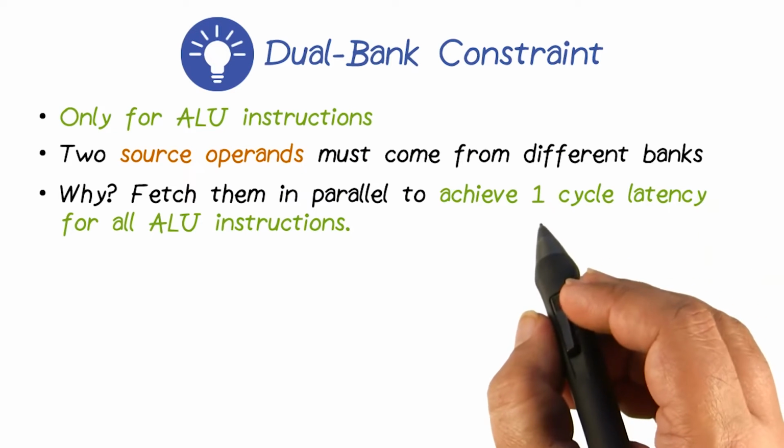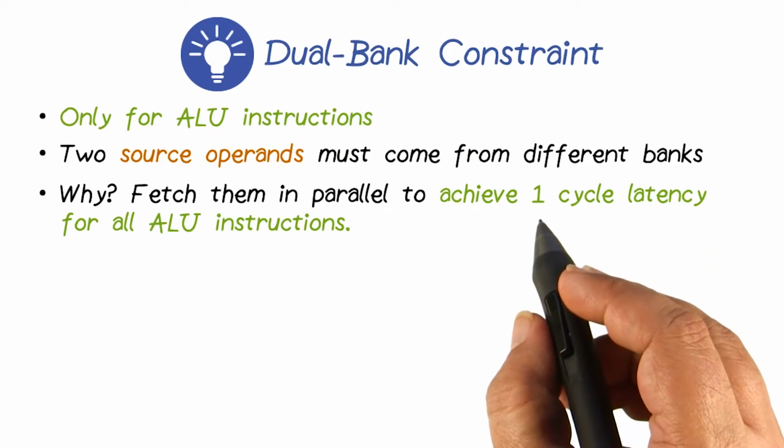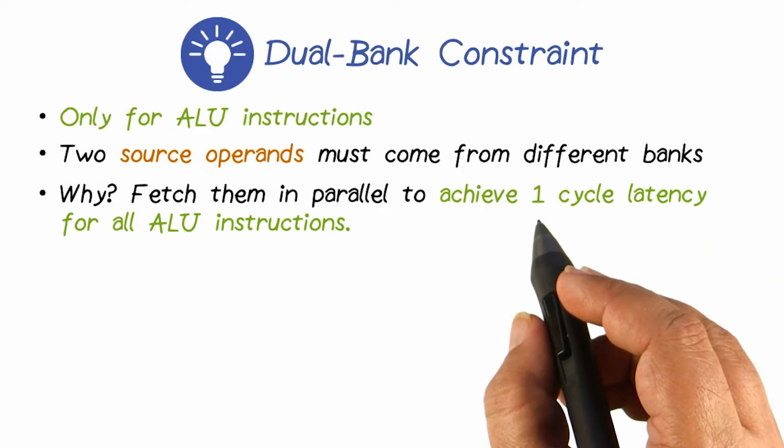This design decision is very critical, because it allows us to execute the ALU instruction in 1 cycle since both of its operands are fetched in parallel, and moreover keeps the clock cycle as short as possible because both operands are fetched in parallel from 2 different register banks.